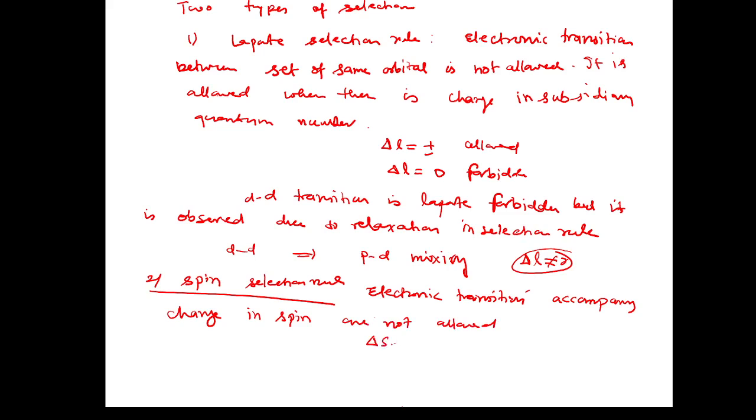So delta S is 0, allowed. Delta S not equal to 0, forbidden.